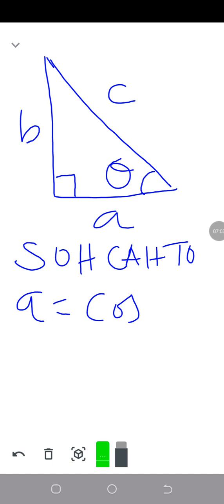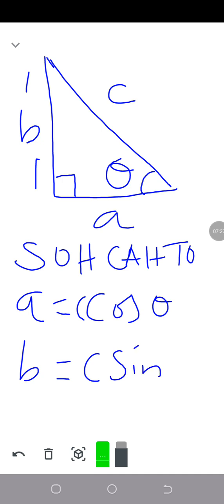Yeah, it will be cos: C cos of theta, and that's the distance A. We can write it in terms of trigonometry like that. Also for the distance B, it is the same as C, then sine of theta, this theta here, the angle. So that's how we can represent the distances A and B.